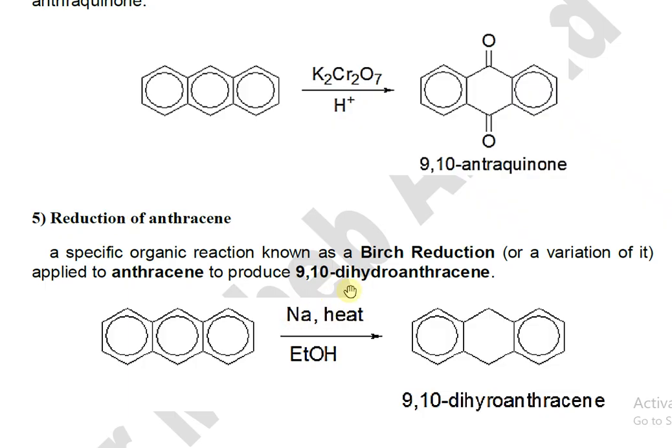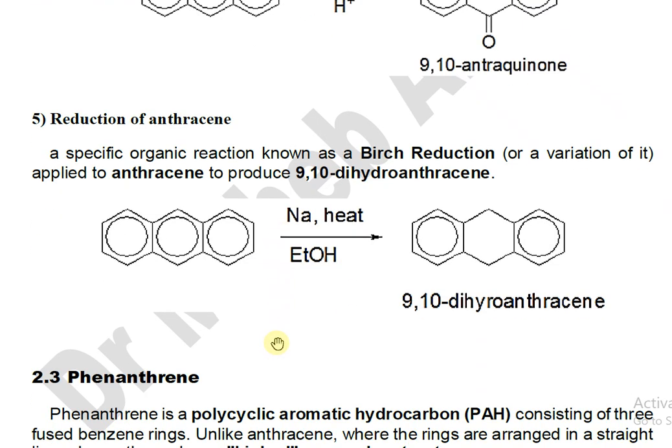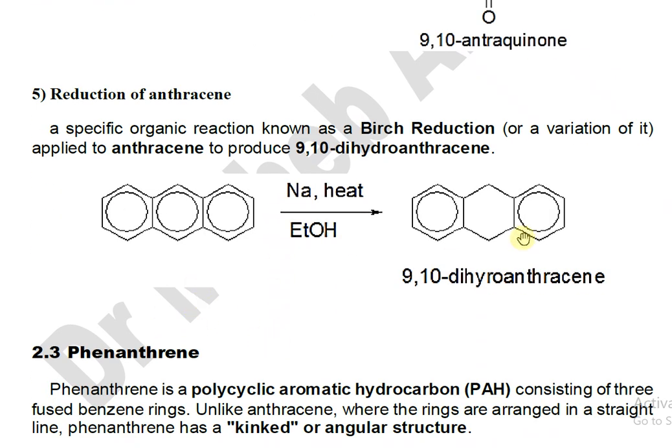With sodium and heat, we reflux the reaction in ethanol. Of course, the boiling point of ethanol is 78, so the heating goes up to 78, refluxing to give you this product.